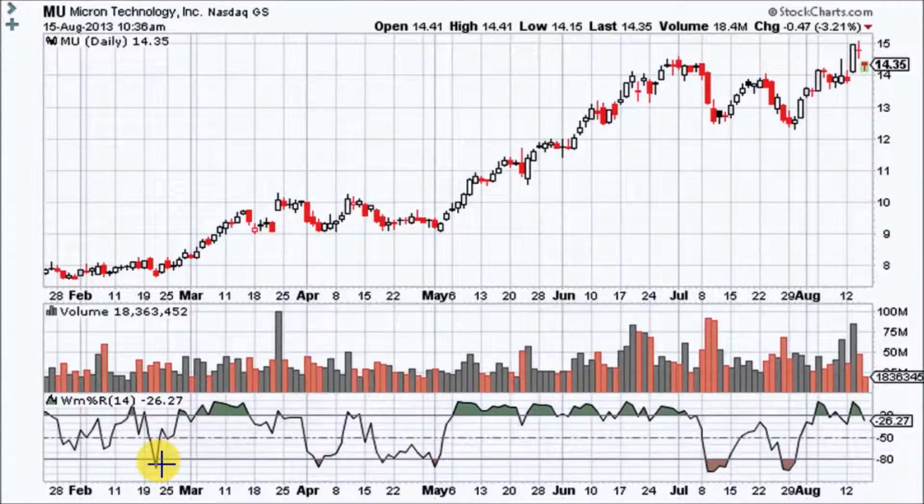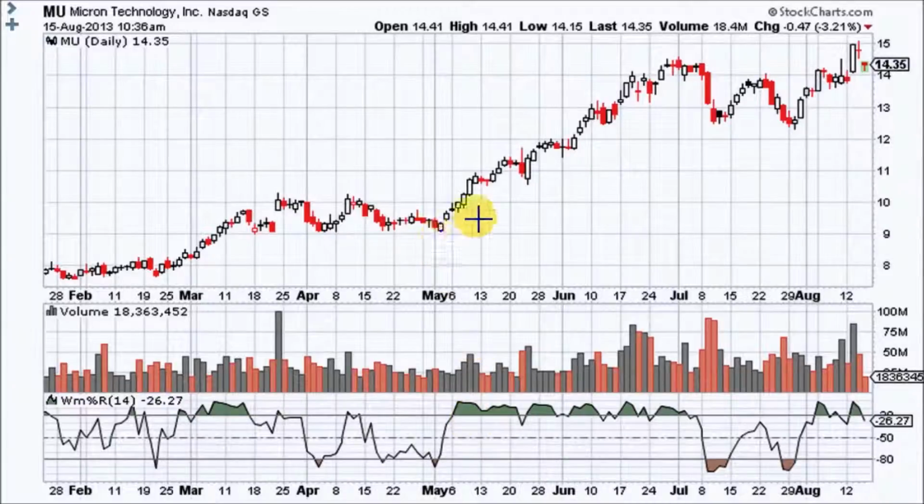As a bound oscillator, Williams percent R makes it easy to identify overbought and oversold levels. Anything above minus 20 is considered overbought, and anything under minus 80 is considered oversold. But there's a misunderstanding about what overbought means.